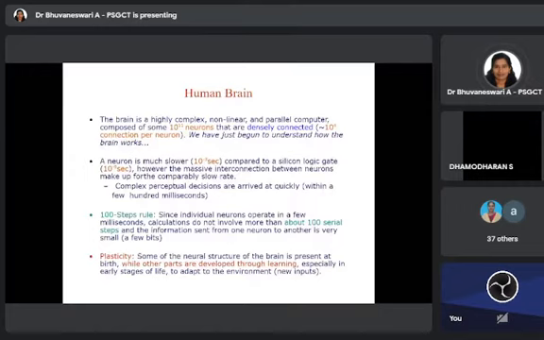Based on this concept, technical areas like machine learning evolved, and then came deep learning. Deep learning is what enables the neuron training, development and testing.